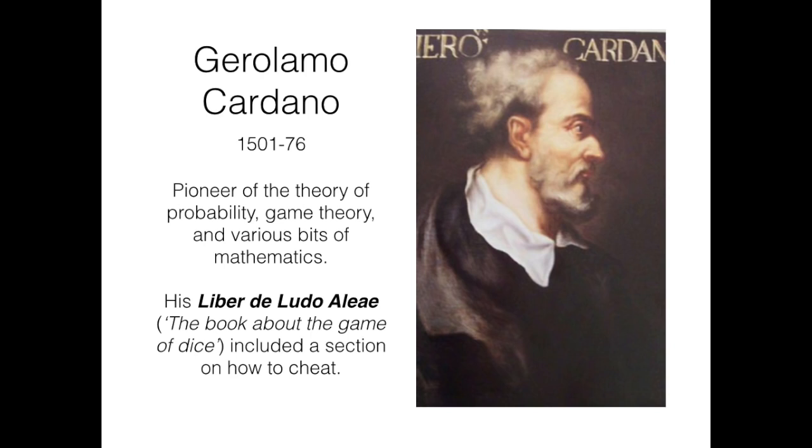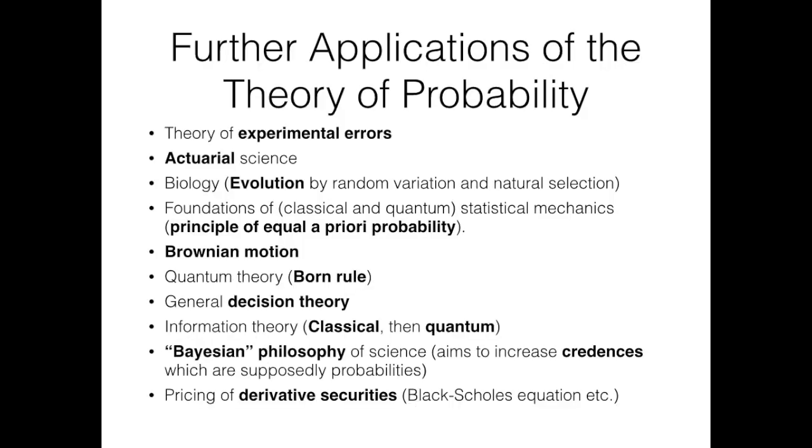So it should be very surprising that this little mathematical trick, the theory of probability, has found further applications in very diverse fields in science and beyond, and even that it seems to be fundamental to some of those fields. So here are some of them, roughly in the historical order of their invention.